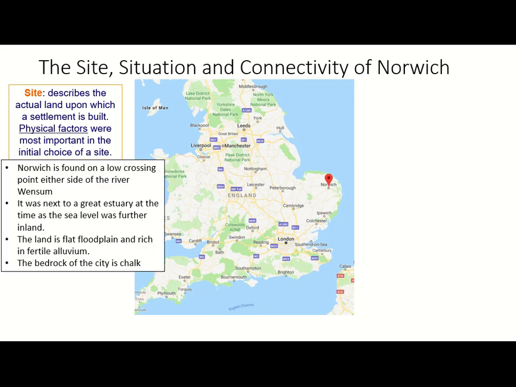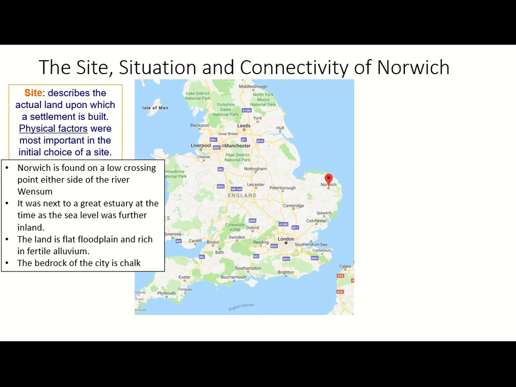So Norwich's specific detail and specific physical factors are that it was a low crossing point either side of the River Wensum. The River Wensum, which flows through Norwich, was really the initial reason for settling Norwich there, because it provided a good source of transportation and water resources.